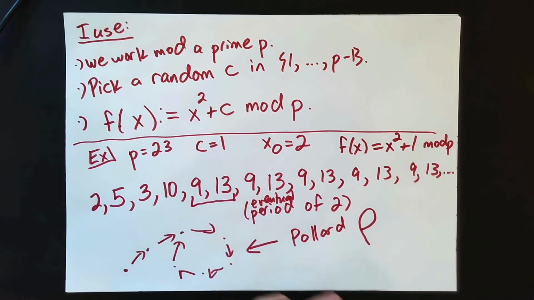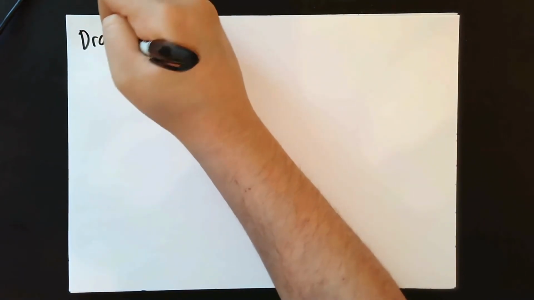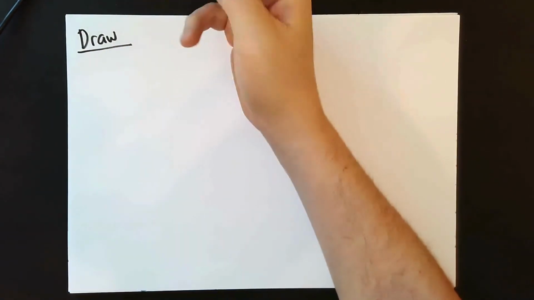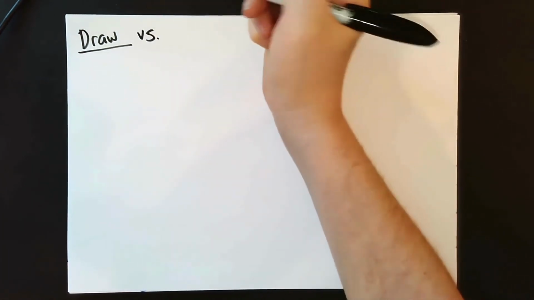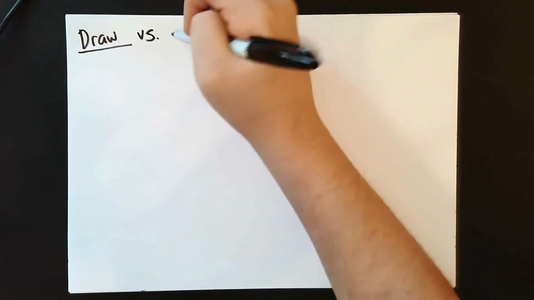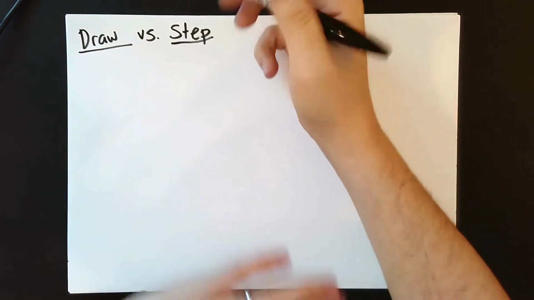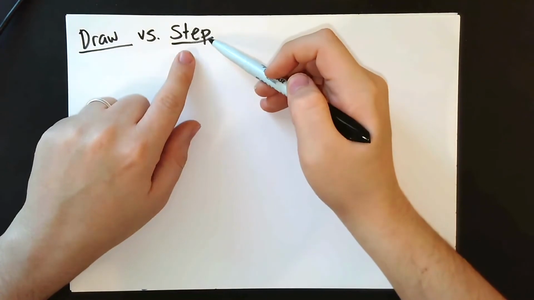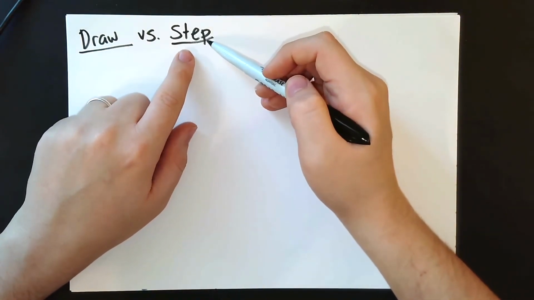So when I was talking about the birthday problem, I used the word draw, meaning I'm going to pick a random thing out of this set, and I'm going to do that again and again and again. Whereas when I talk about this Pollard rho setup, I use the word step. I'm using the word step because by the time I'm implementing this, I've already fixed a function and fixed where everything is going to go.